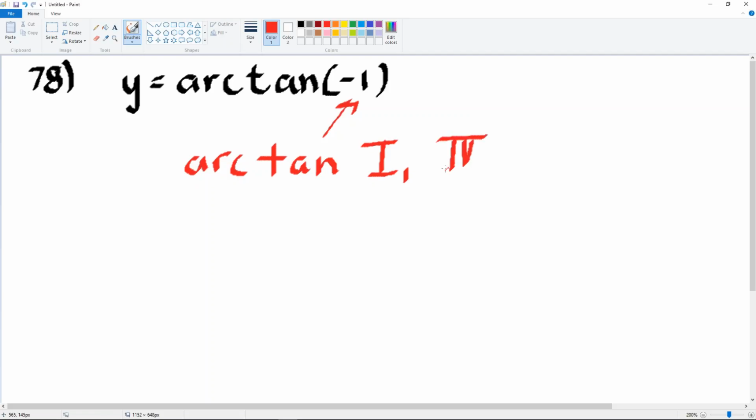Remember, we've always done this. 1 if it's positive, 4 if it's negative. In this case, it's what? Negative. So we're going to be in quadrant 4.